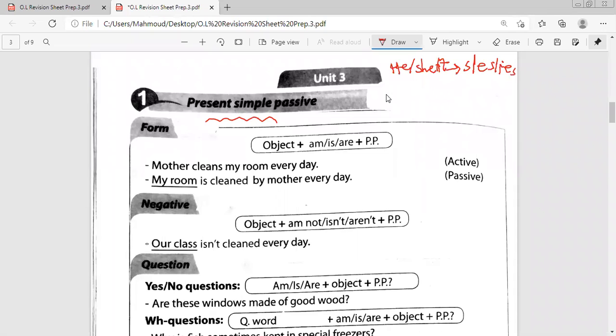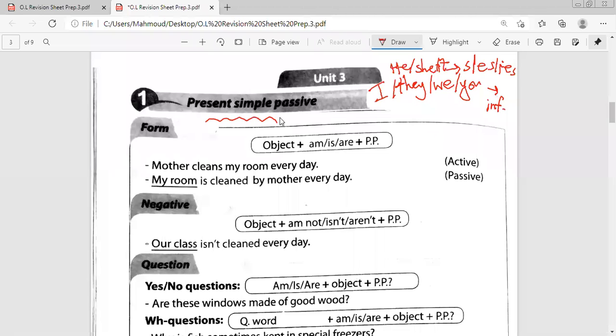It's okay. But if you have I or they or we or you, you will put the verb in the infinitive. Like he plays, but when you say I, you will say I play.